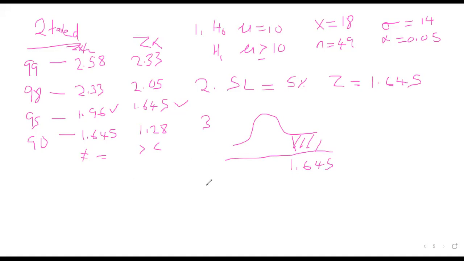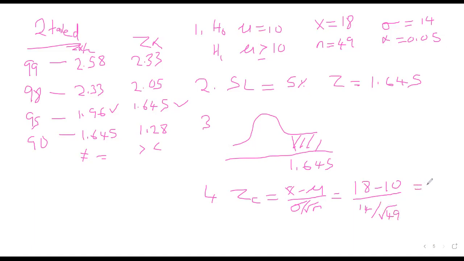In step four, we calculate our Z. Z calculated is X bar minus mu over standard deviation over square root of n. X bar in this case is 18 minus 10, over 14 over root 49. So this is 8, and this is 2. We're getting a 4 here. The 4 is somewhere in here.